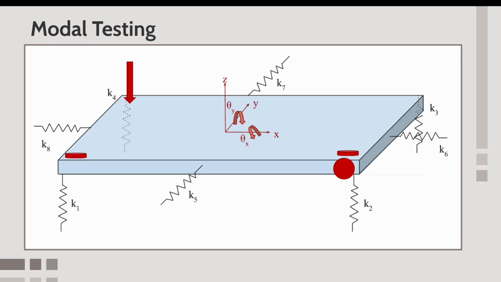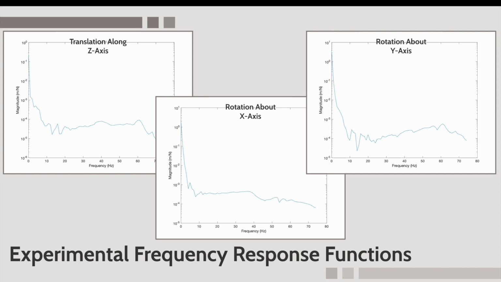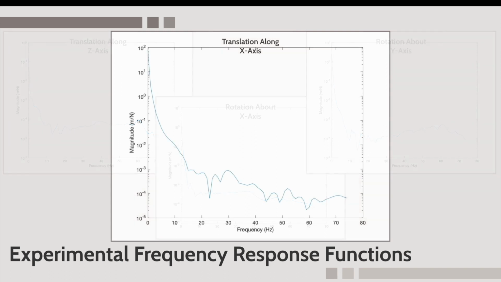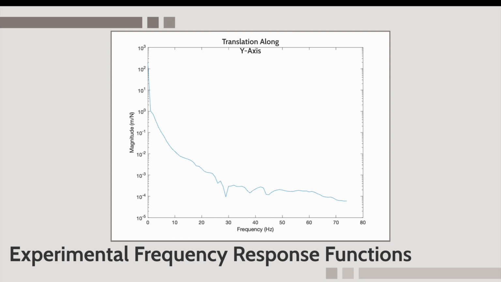From the experiment, 12 FRFs were generated, the most insightful being excitation in the z direction measured along the z-axis, about the x-axis, and about the y-axis, excitation in the x direction measured along the x-axis, and excitation in the y direction measured along the y-axis.